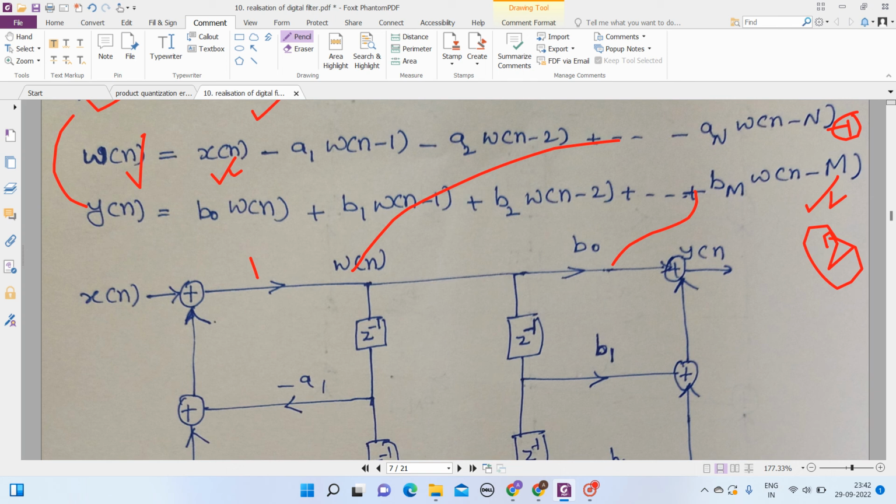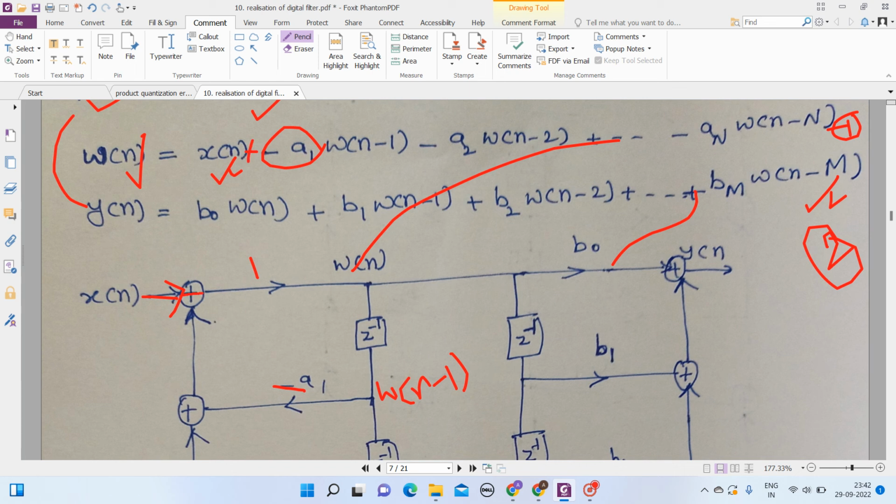So this is my w of n, and I am adding x of n. This w of n goes into the delay element. What is the output of this delay element? w of n minus 1. W of n minus 1 is multiplied with coefficient minus a1. Here there is a plus symbol.